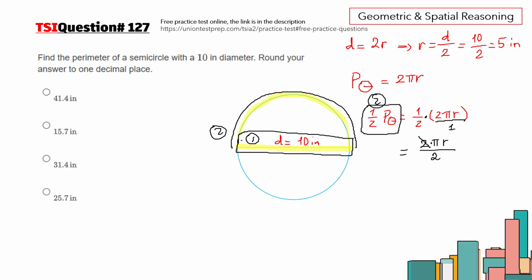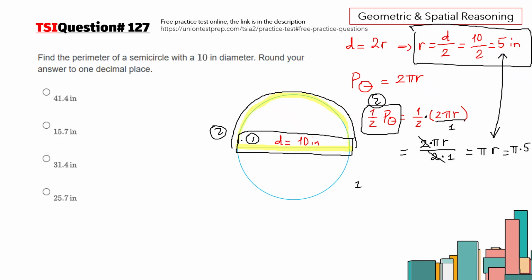There is a factor of 2 in common, so we can just reduce it, and then we have pi r. And what is our r? We found it here: r is equal to 5. So this becomes pi times 5.